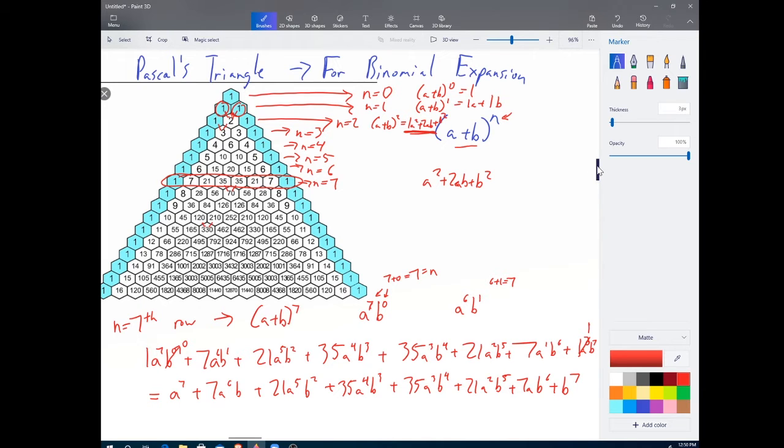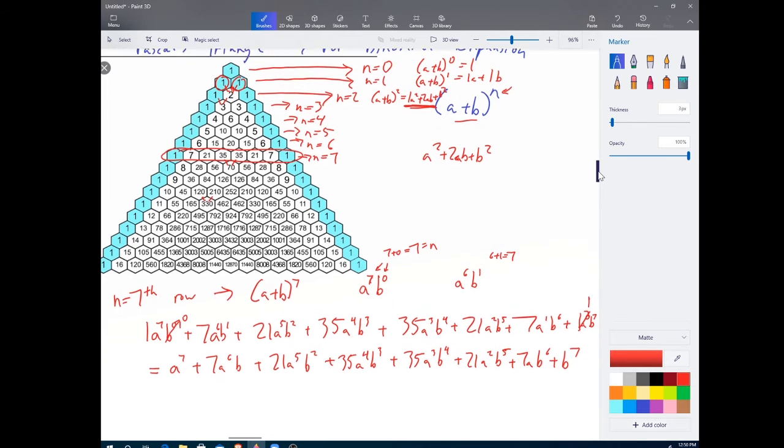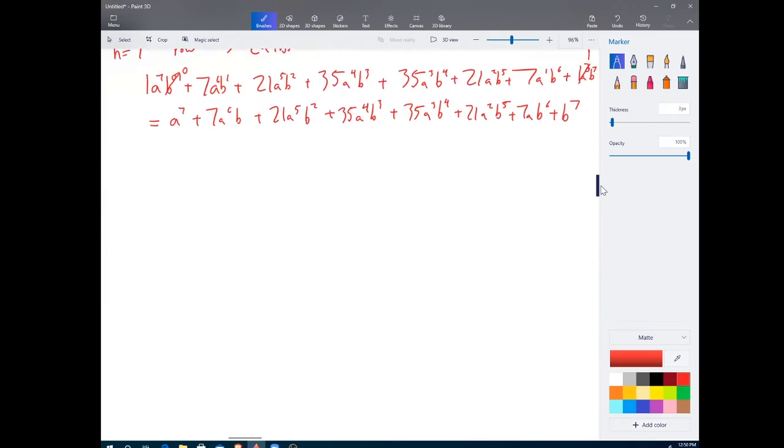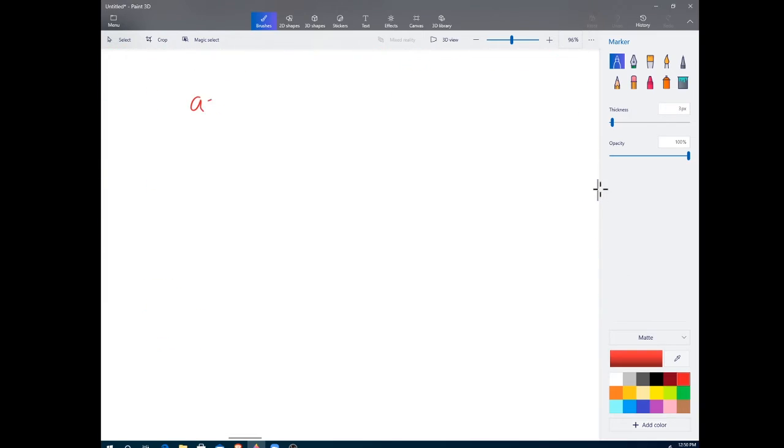I'll do this problem to the 7th, and the great thing about you watching it on video is you can fast forward through it. But let's prove to you that this works. I have a plus b to the 7th power. If I'm using your old methods to solve this, I want you to look at how time-consuming it is.